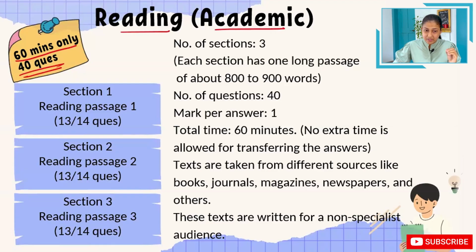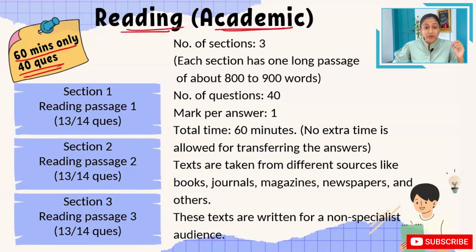In these 60 minutes, you are supposed to read the passages, read the questions, answer the questions in the question paper, and then transfer them to the answer paper as well in case of paper-based test. In case of computer-based test, you will have to mark the answers, type your answers within 60 minutes. You will not get extra time to transfer your answers to the answer paper.